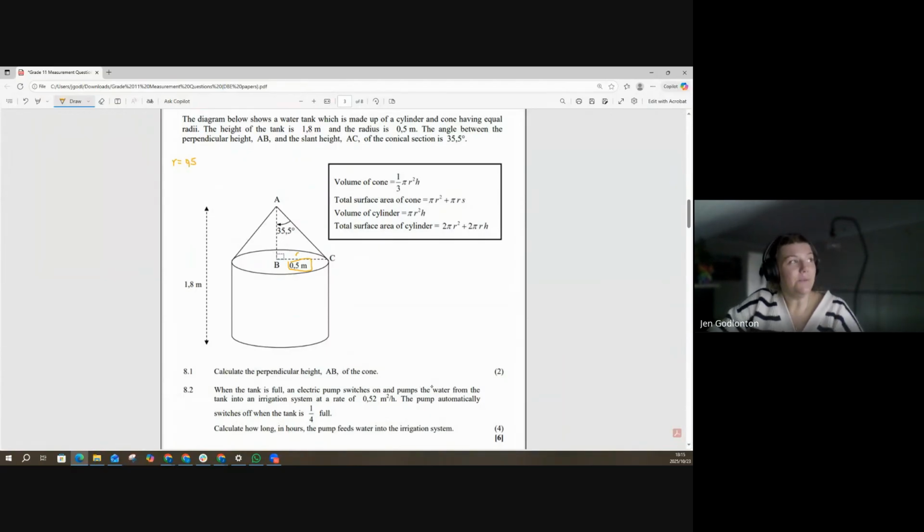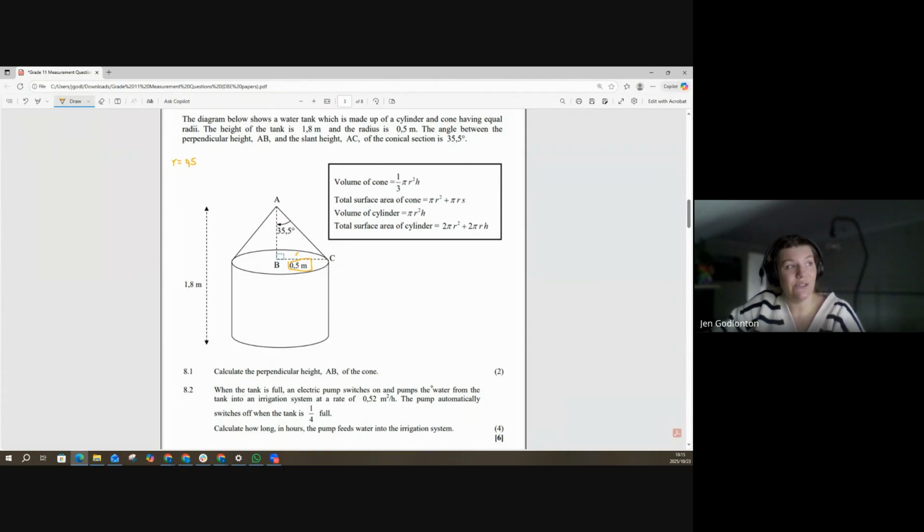The angle between the perpendicular height AB and the slant height AC of the conical section is 35,5 degrees. They've also told you that this is at 90 degrees. They've told you that the volume of the cone is a third pi r squared h.